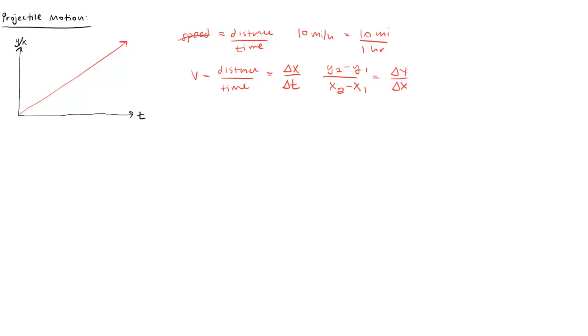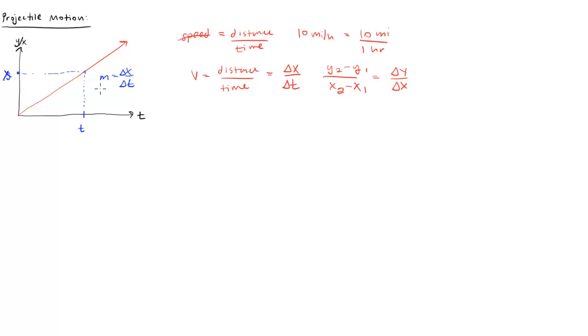And so that's why when you look at a graph like this, if you have some t here that matches up with some x there, then the slope of this graph is the change in x over the change in time.